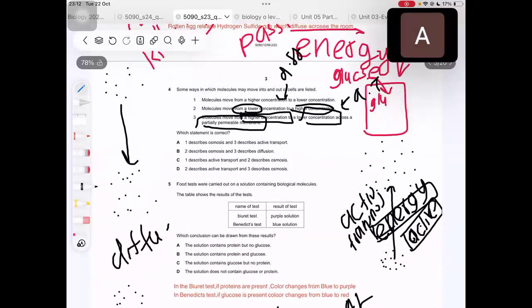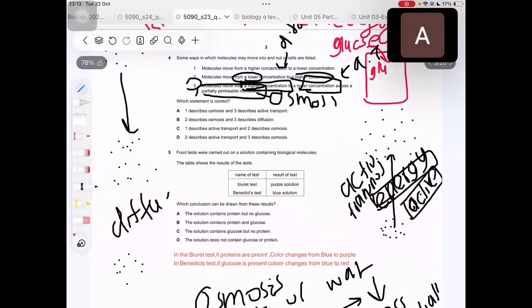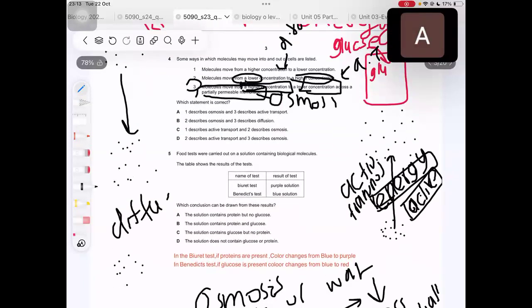And here in the third one, they have said partially permeable membrane and higher concentration to a lower concentration. That means it is osmosis, right? So which statement is correct? Let's go with A. One describes osmosis. No, we know one describes diffusion, not osmosis. So eliminate A. Go for B. Two describes osmosis.